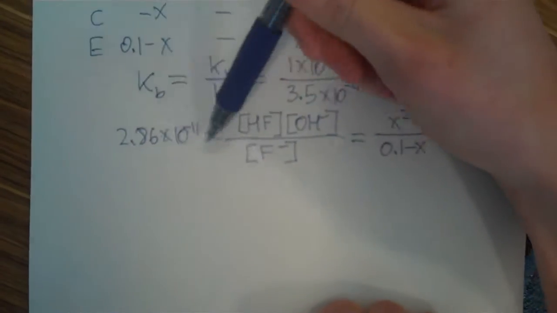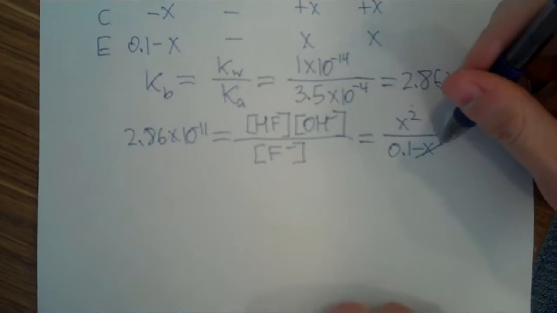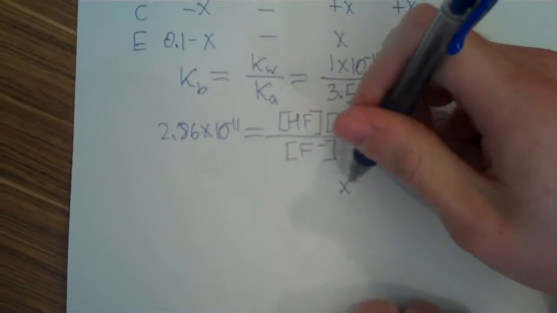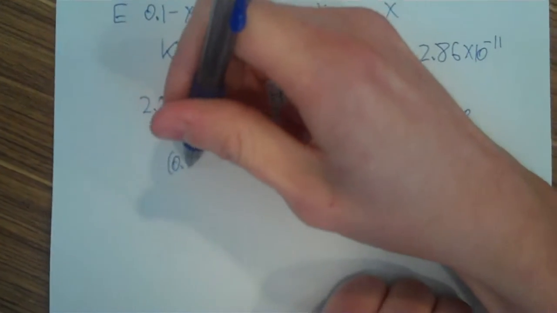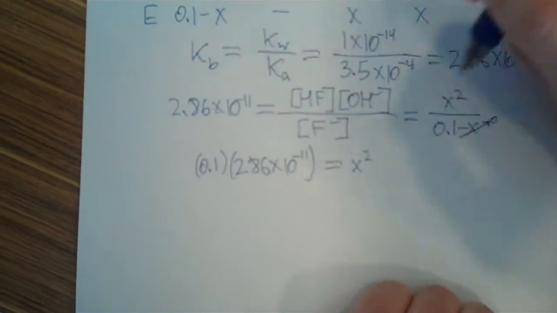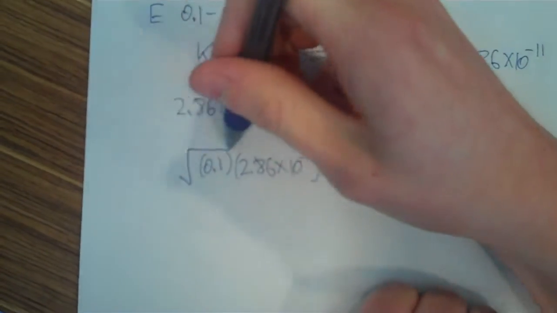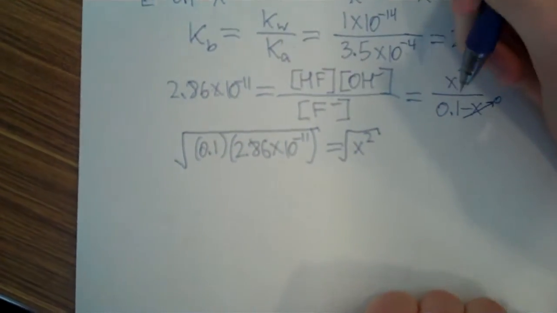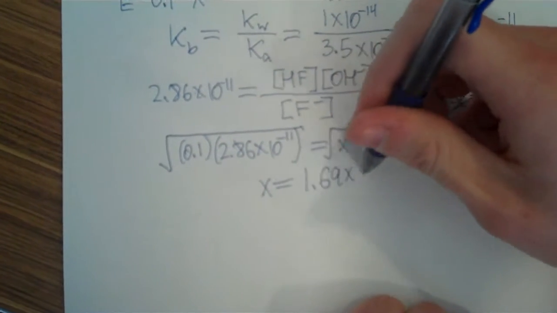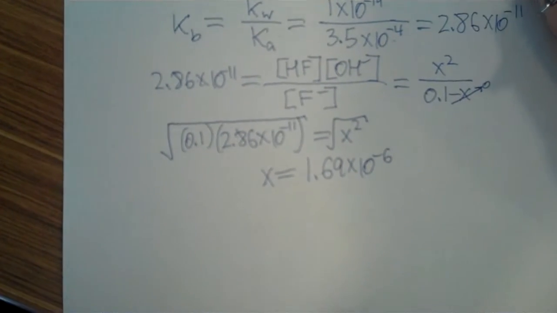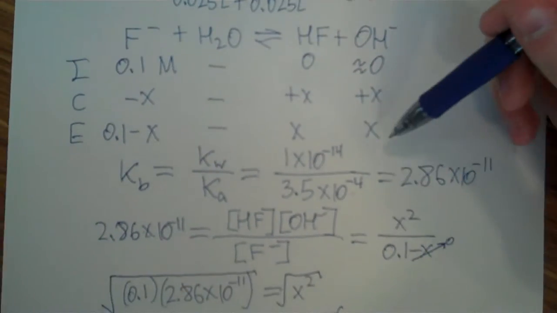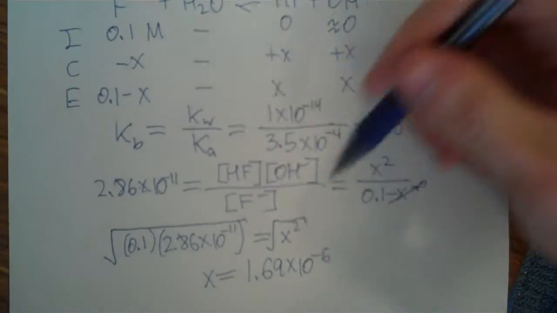Since we have a very small Kb value, we're going to assume that our x here is small, which will give you that x squared is equal to 0.1 times 2.86 times 10 to the minus 11. Then you take the square root of both sides to find your x value. So we find that x equals 1.69 times 10 to the minus 6. Now it's important not to forget what the x actually stands for. We remember that x stands for the concentration of OH minus.